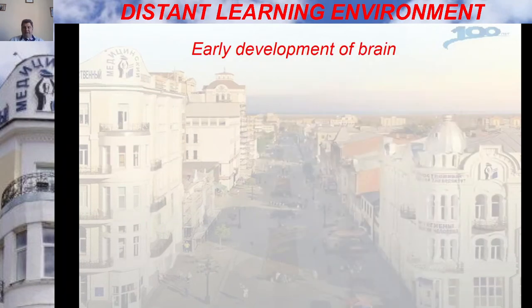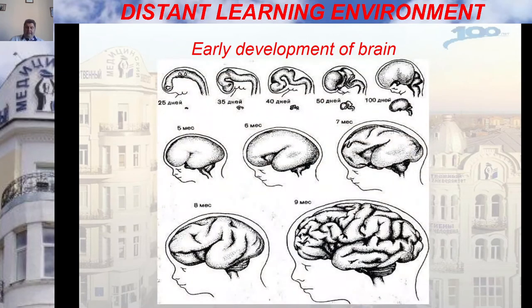Let's talk about development of the brain. At the early stage of development, the neural tube is subdivided into two parts corresponding to the brain and the spinal cord.